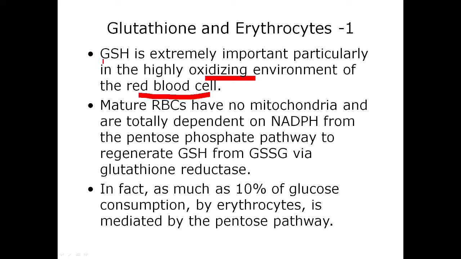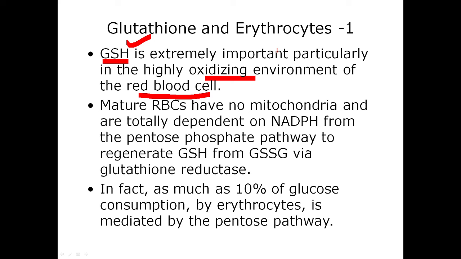So here the role of reduced glutathione, GSH, is important. Mature RBCs have no mitochondria and are totally dependent on NADPH from the pentose phosphate pathway to generate GSH from GSSG via glutathione reductase.